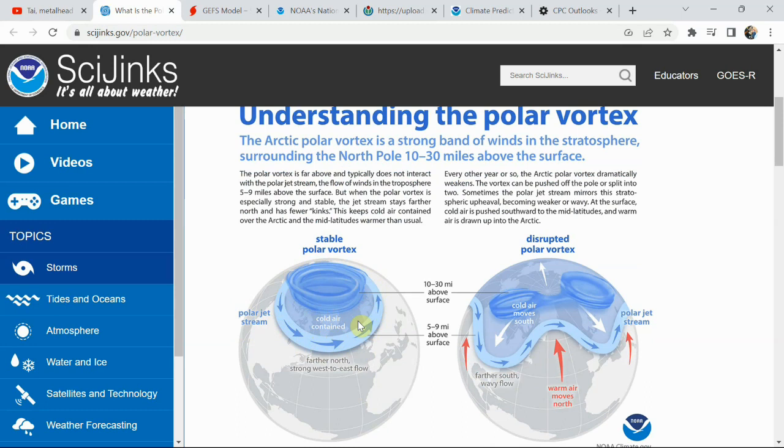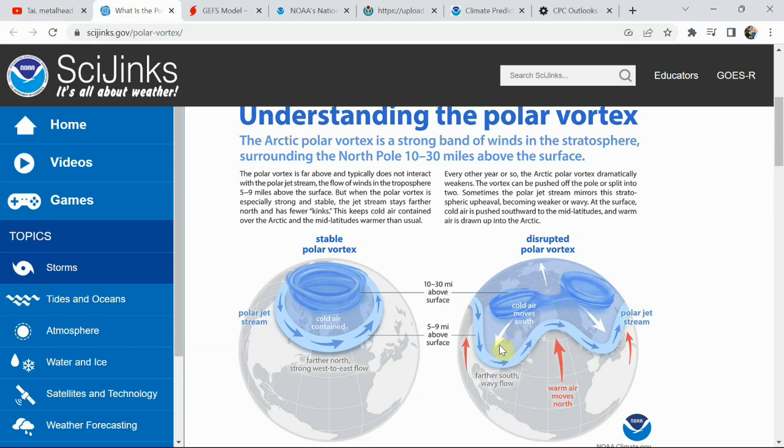But sometimes this Arctic polar vortex will end up having a situation where we see massive surface or stratospheric heating occurring, and as a result, we'll start to get some amplitude in that polar jet stream, as we see here.